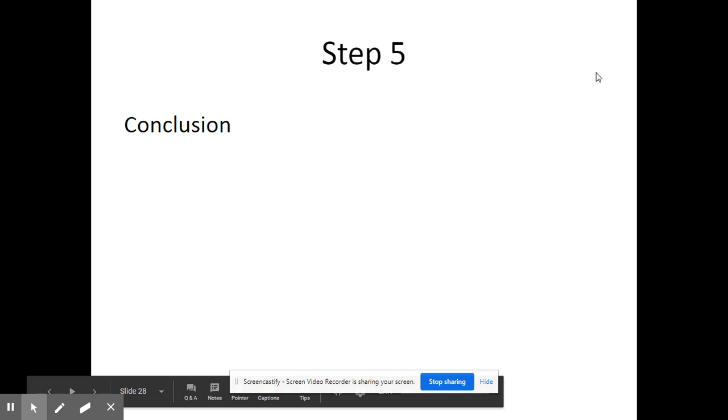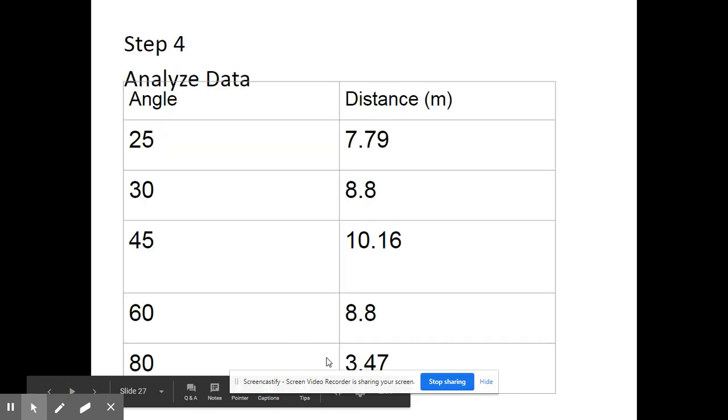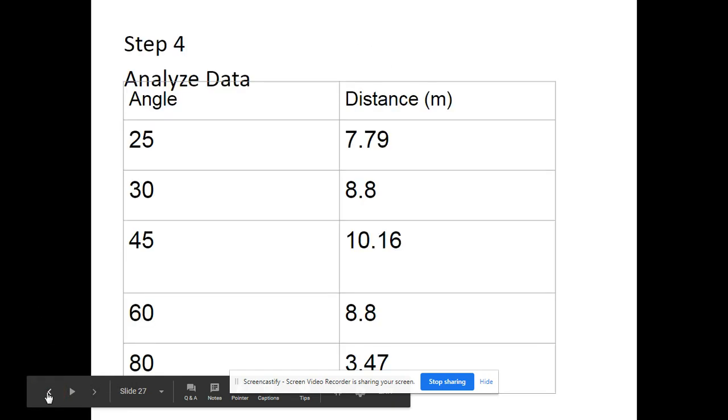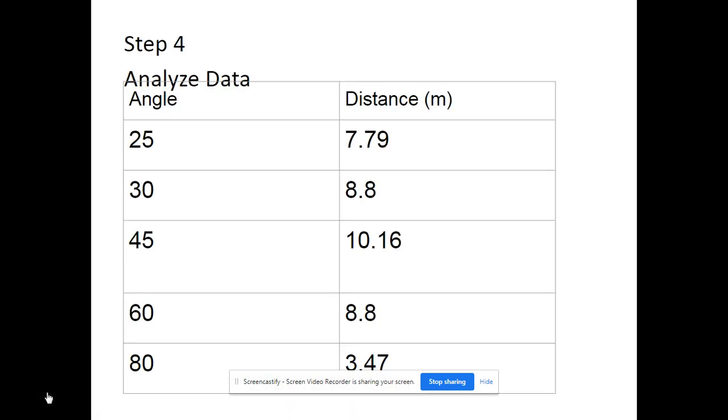Say, my hypothesis was wrong. 80 degrees only shot at 3.74 meters, while 45 degrees shot at 10.16 meters. Okay?